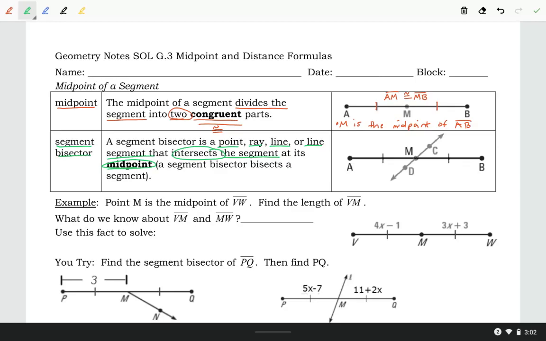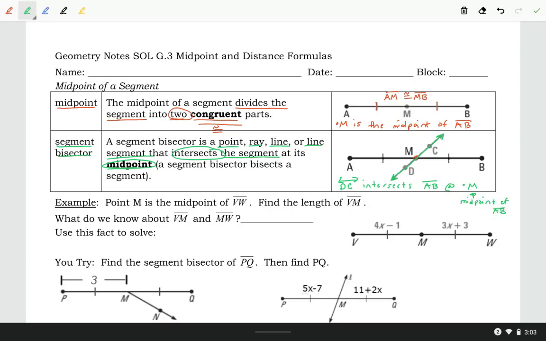We can see in our example that we still have line segment AB, with a midpoint of point M. And we can see clearly that there is this line that is crossing line segment AB at point M. So line DC intersects line segment AB at point M, which is the midpoint of AB.